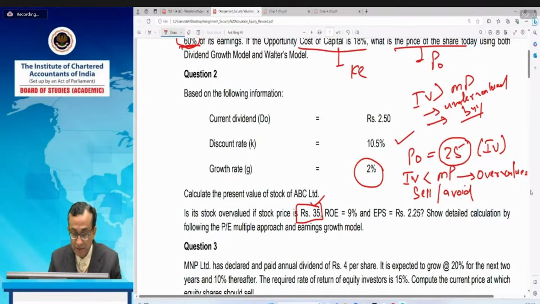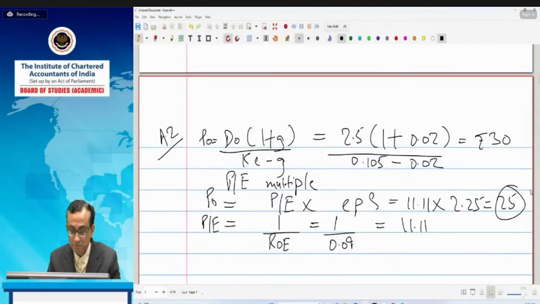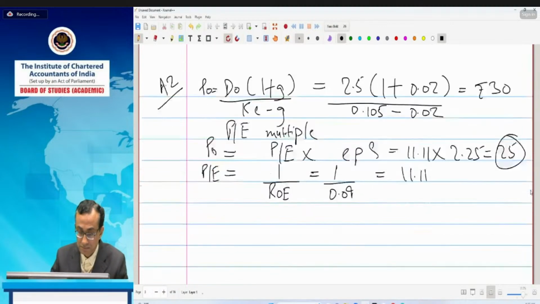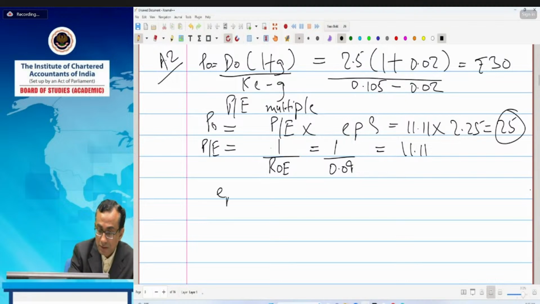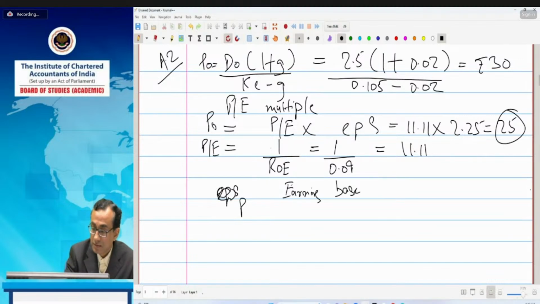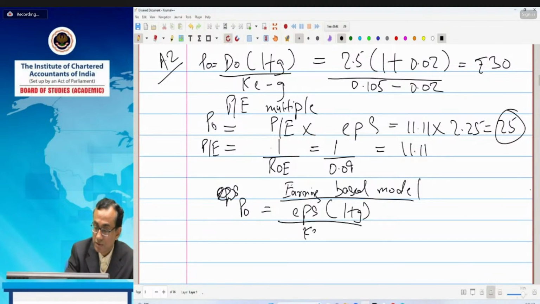Now come to the second approach, the earning growth model. So we will calculate the P0 in this earning based model. P0 is equal to EPS into (1 plus growth rate) upon (KE minus G).